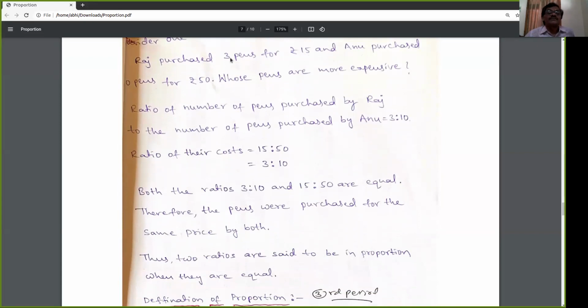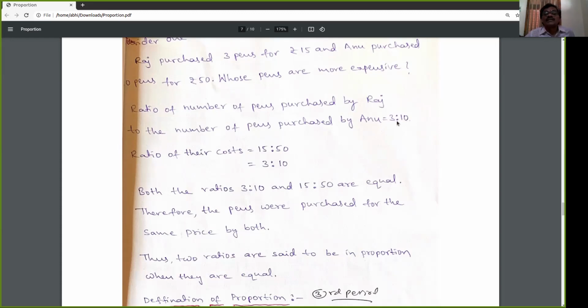The cost of 3 pens for Raju is ₹15 and the cost of 10 pens for Anu is ₹50. Ratio of the number of pens purchased by Raju to the number of pens purchased by Anu: number of pens purchased by Raju is 3 and number of pens purchased by Anu is 10.